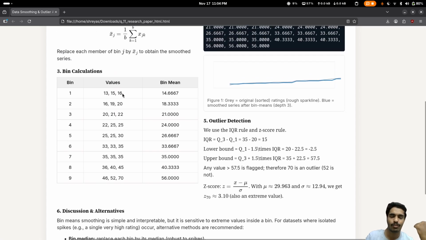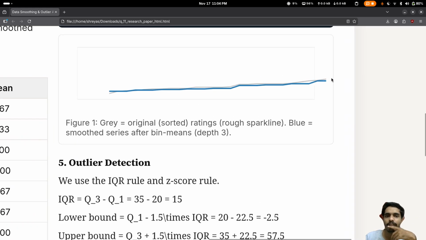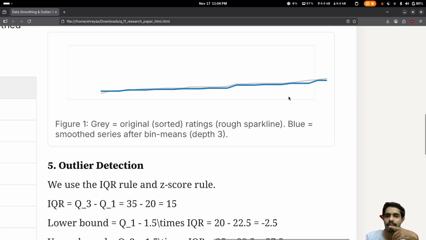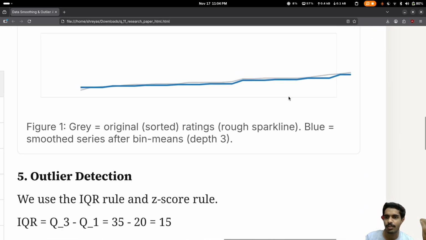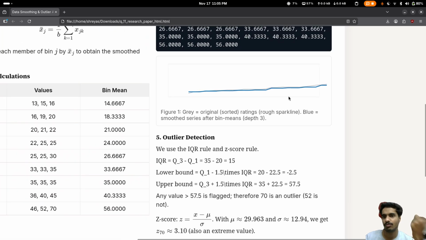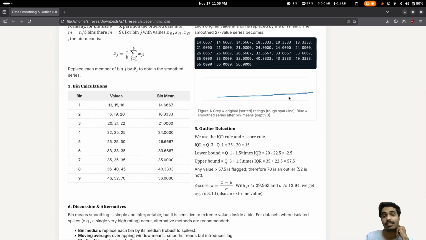After taking the mean of every three values, we get the bin means like this. When we plotted it, the blue is the old data set and the gray is the smoothed data set. We can see that some harsh edges were smoothed so that it is visually nicer to analyze.